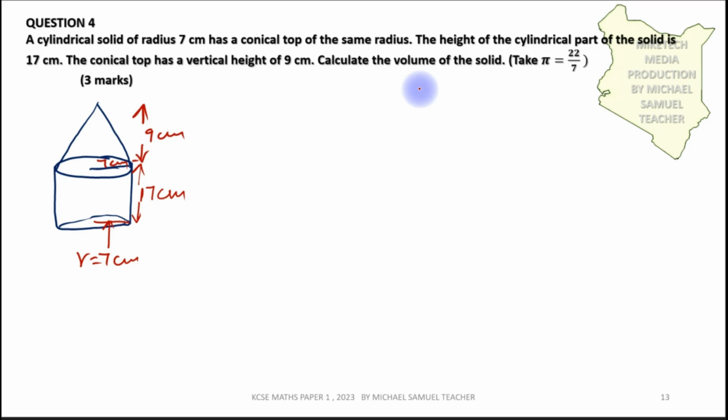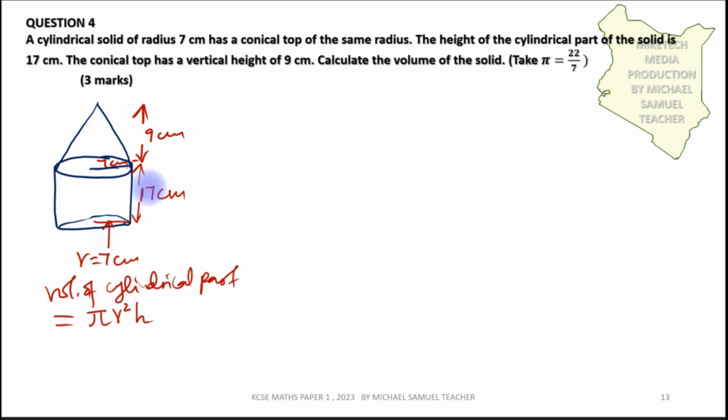To get the volume of the solid, we need the volume of the cylindrical part plus the volume of the conical part. The volume of the cylindrical part will be given by pi r squared times height.